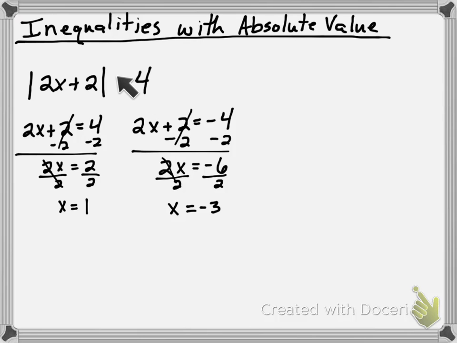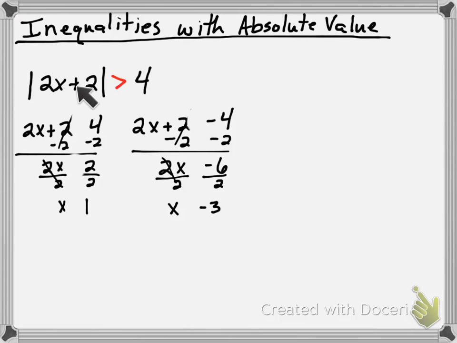Since there's no equal sign here, that also means there's no equal sign here, or here, or here, or anywhere else in this problem. Instead what we have is an inequality. So now, instead of the absolute value of 2x plus 2 equals 4, I have the absolute value of 2x plus 2 is greater than 4.